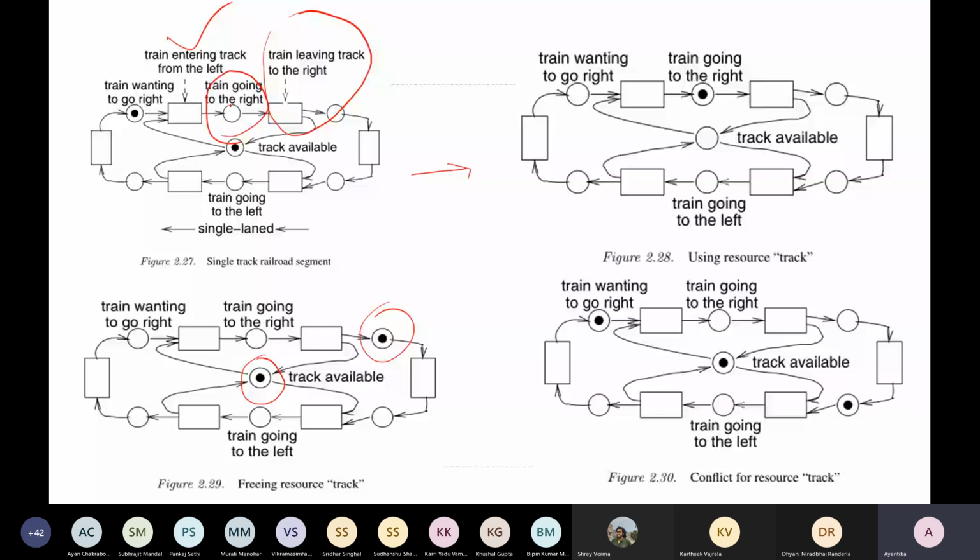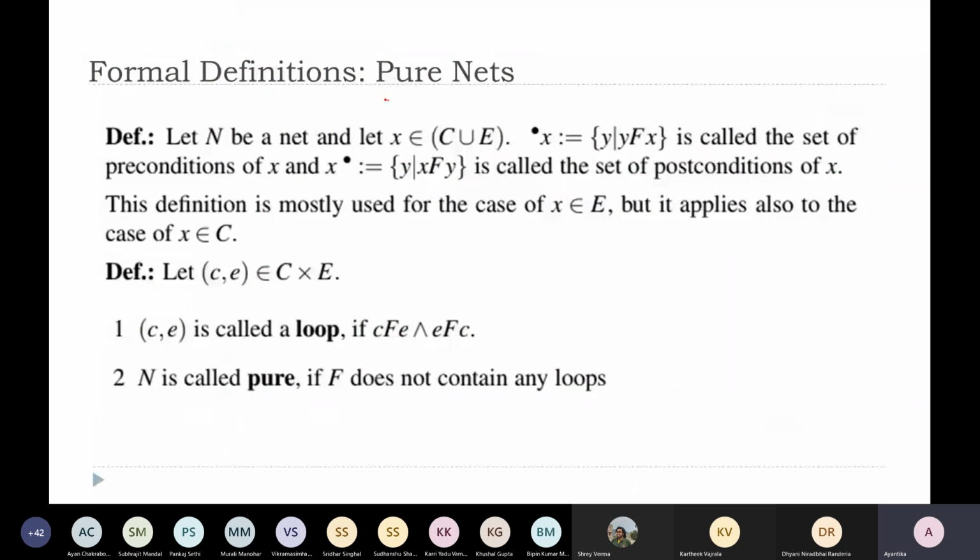So based on that, we are defining a term called pure nets. Pure net means, you can see we are defining X as a member of condition and event union set, and this dot X, that is basically the set of preconditions. That means that is where this Y is based on some condition, that is a precondition for which some flow relation and some post condition is getting satisfied.